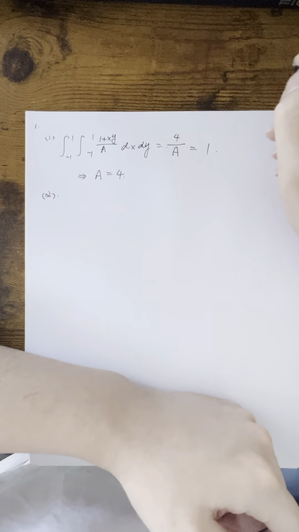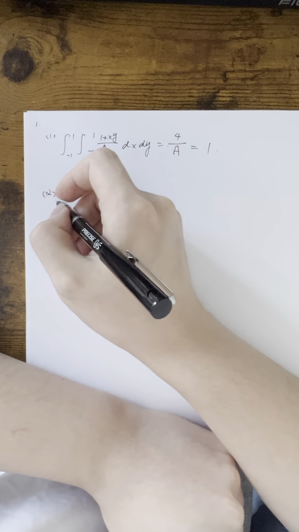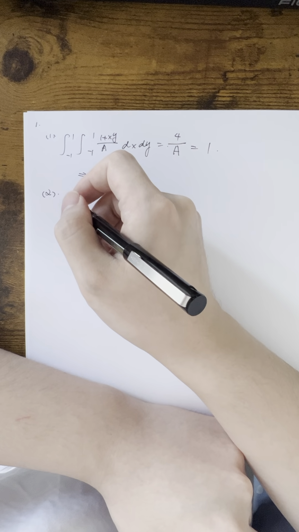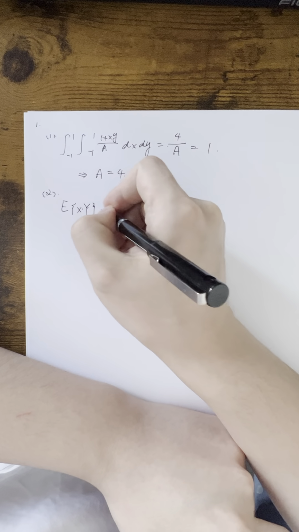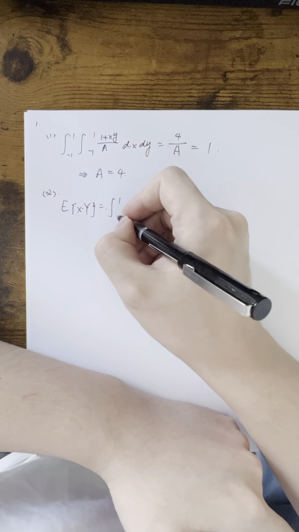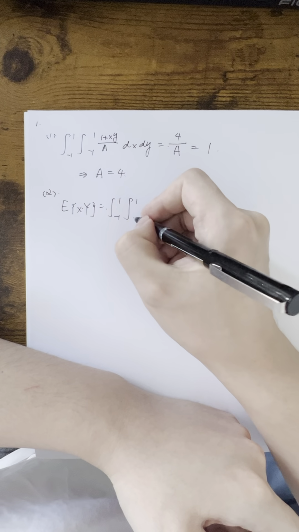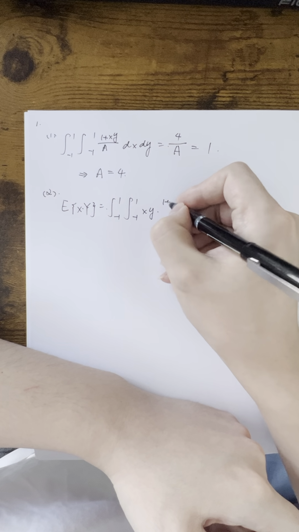The second question asks to check if X and Y are uncorrelated. We could calculate the expected value of X times Y, and we could use the density function, and it's very easy to calculate too.